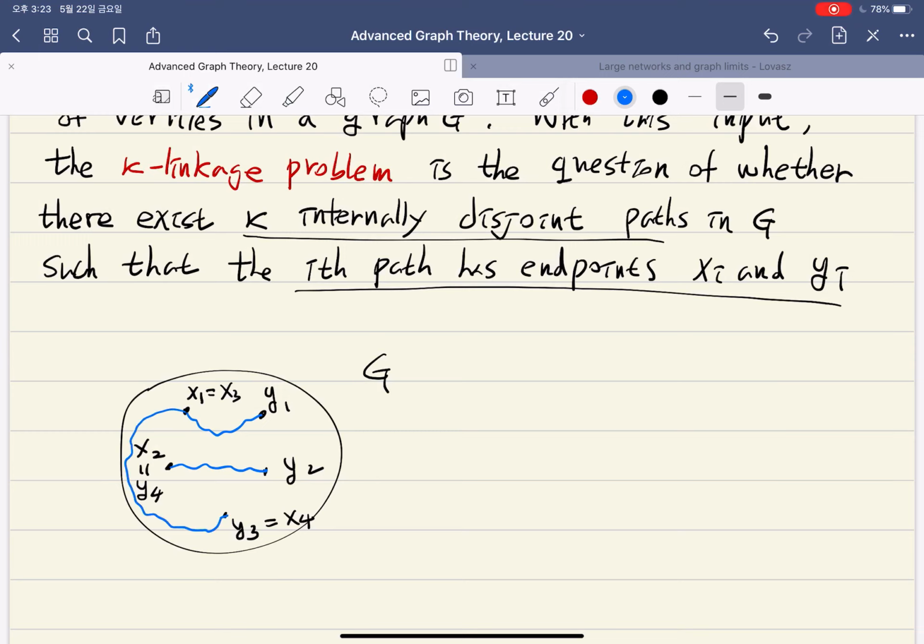So it doesn't intersect with any vertices in the previous path, and x4 to y4. So we want to find these 4 internally disjoint paths. Internally disjoint means that this path and this path only share one endpoint, but everything else is disjoint.